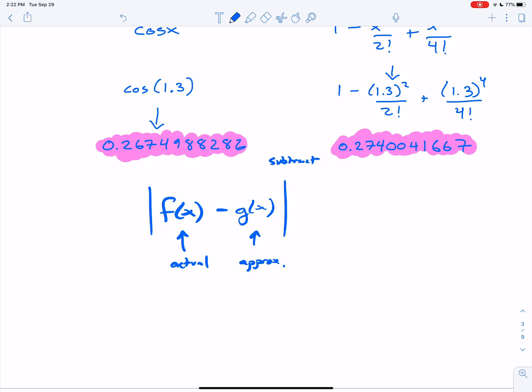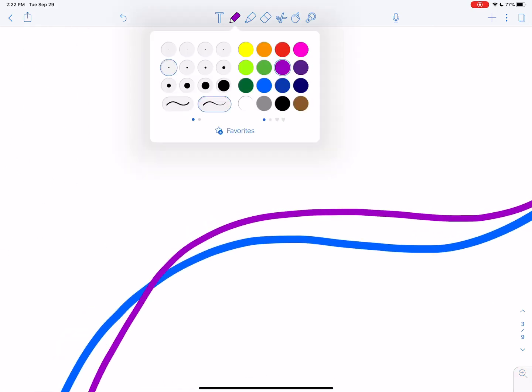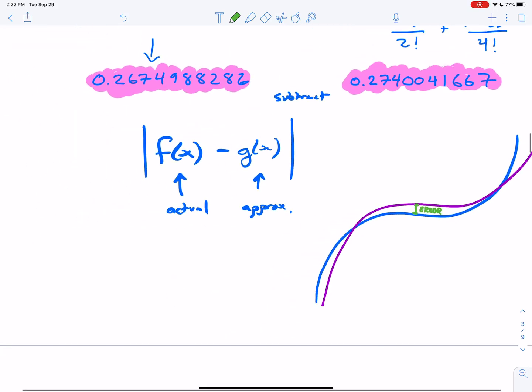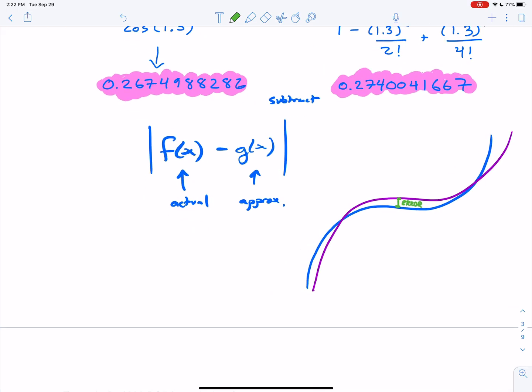So remember when you had the sine graph and then you had the polynomial lookalike? What you're doing right here is trying to find out how far off your approximation was from your actual. So we're finding the distance between the two.